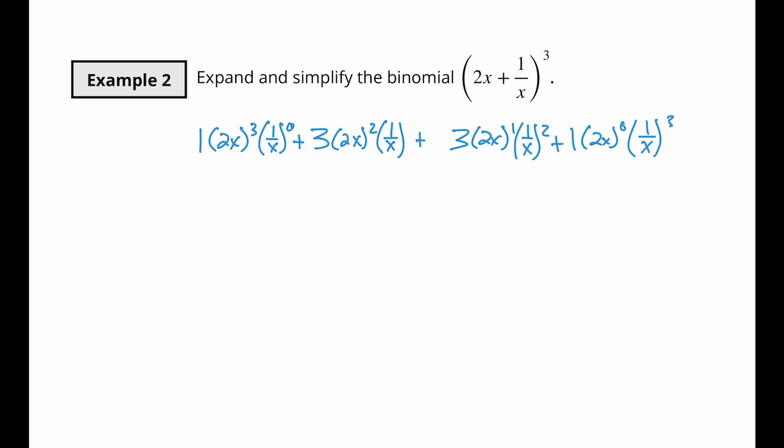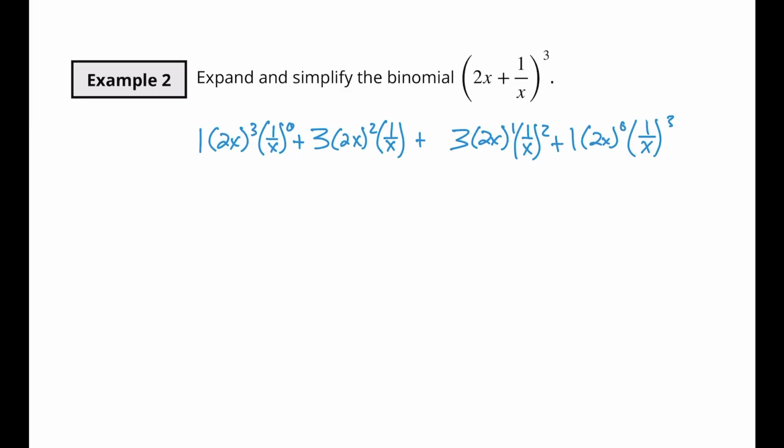Now I'm going to start my simplifying. Now here's another thing that people often make a mistake with. This whole thing is cubed. So don't just put the 3 on the x, or don't just cube the 2. Make sure you're cubing this whole piece. So I'm going to have 2 times 2 is 4 times 2 is 8x cubed, and this thing is 1. And then we're going to add that to 2 times 2 is 4x squared.